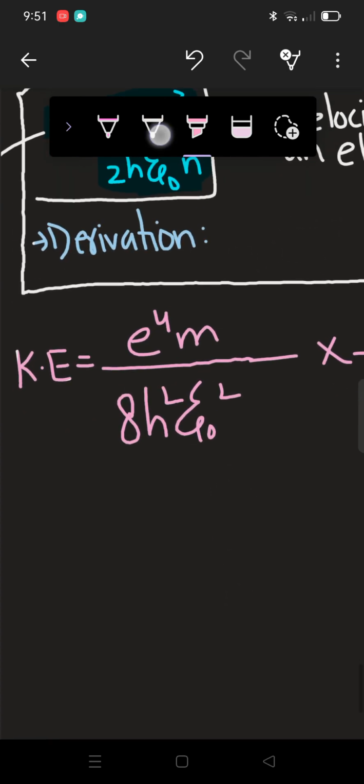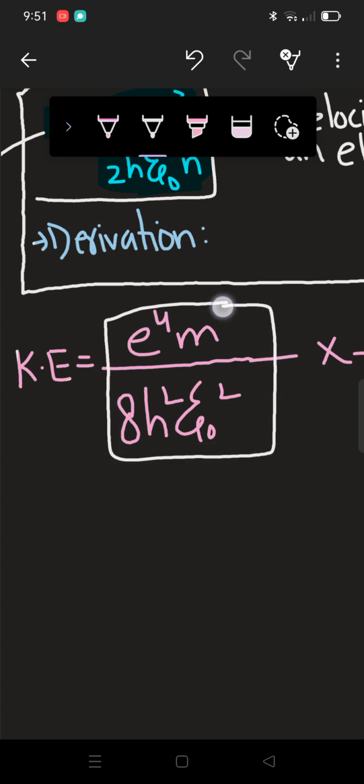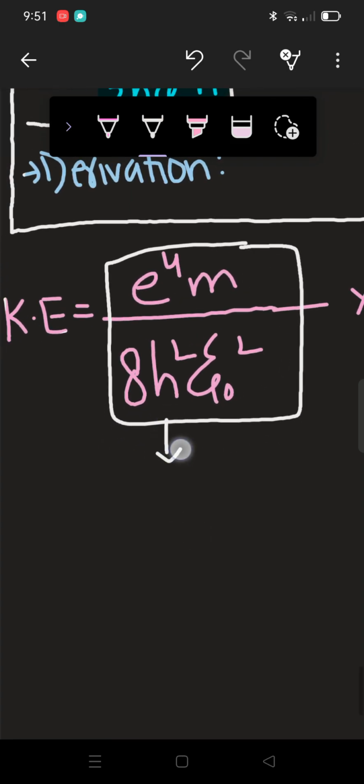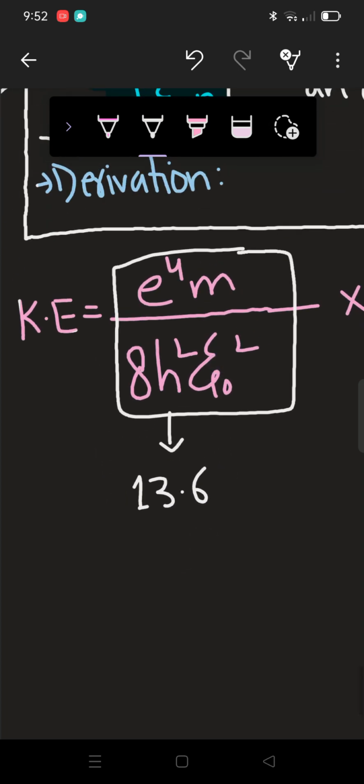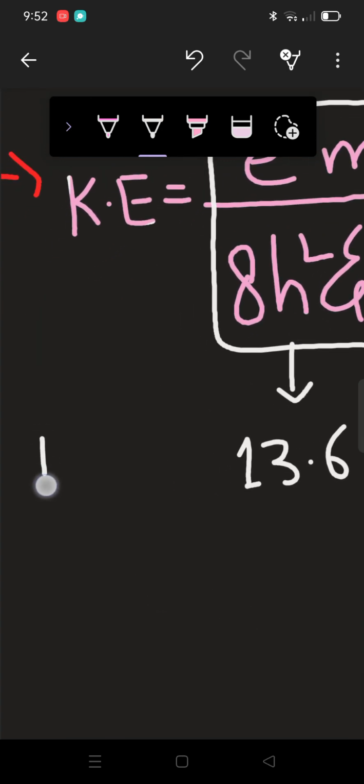Now here we're gonna get one more value for this entire constant. This entire constant is equal to 13.6. Remember this thing, I am calculating the kinetic energy of the orbit in electron volt.